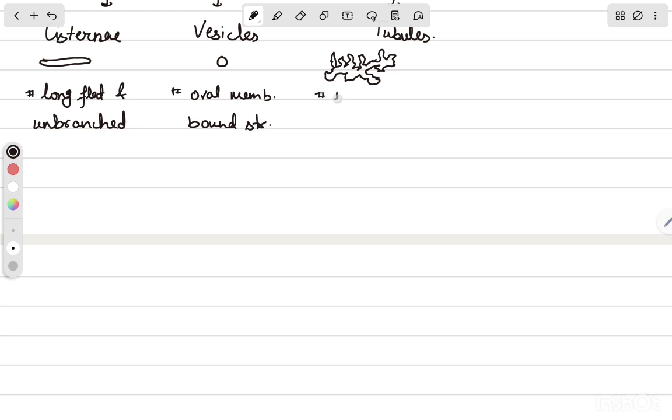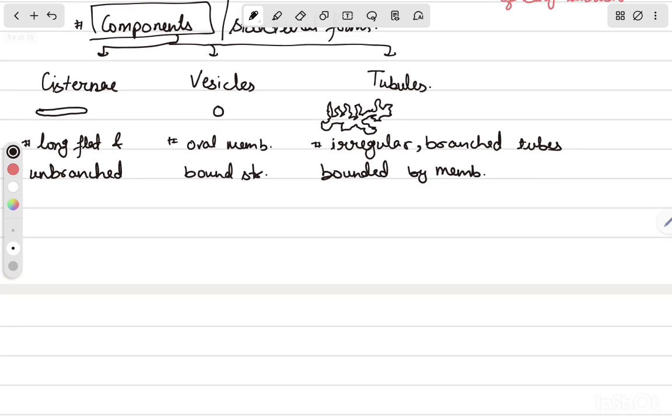Tubules are irregular, branched tubes bounded by membranes, right? So these three are the structural forms of the endoplasmic reticulum.